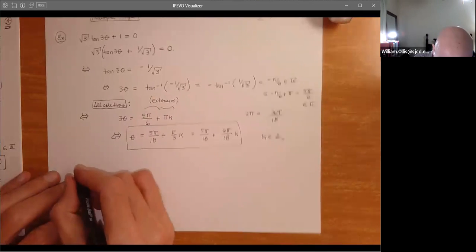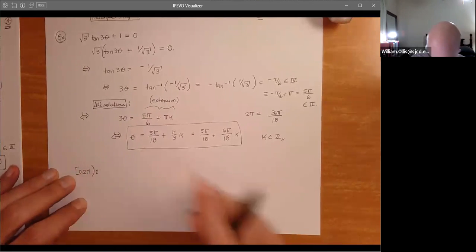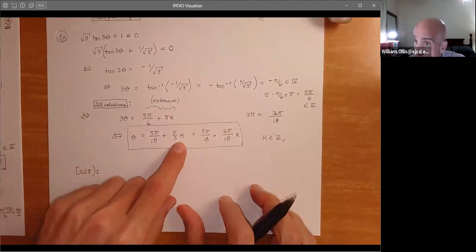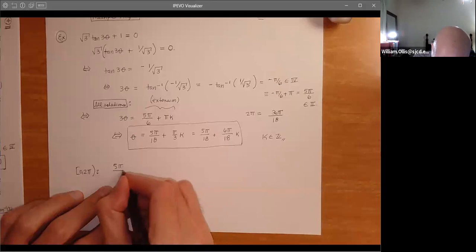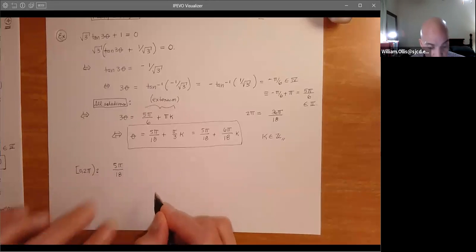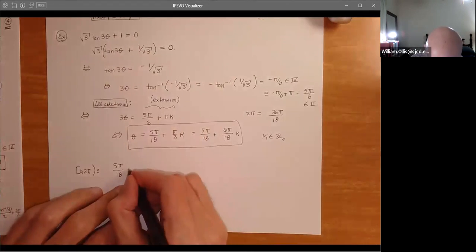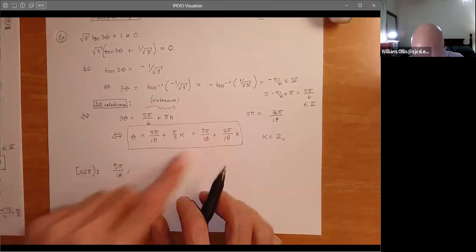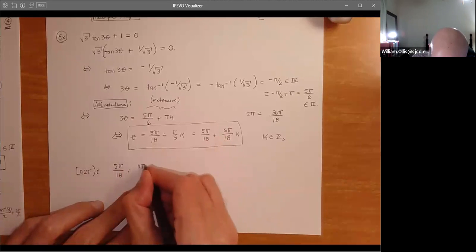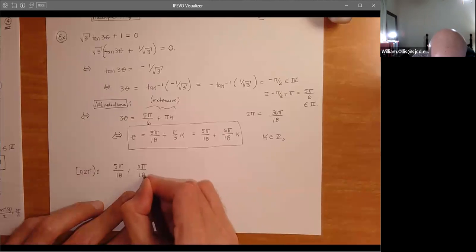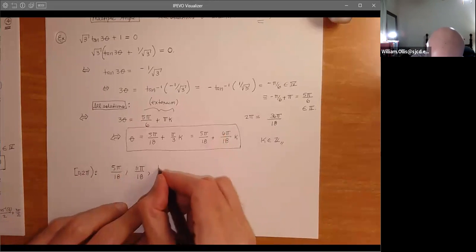So now when we do 0 to 2 pi, we can just start here and add multiples. So let's do it. So we have 5 pi over 18. So the problem will probably be something like this, where we list all of them that live here. Okay, so now let's do 6. 6 plus 5 is 11. We can add integers, that's easy. Now we have 11 plus 6, that's 17.